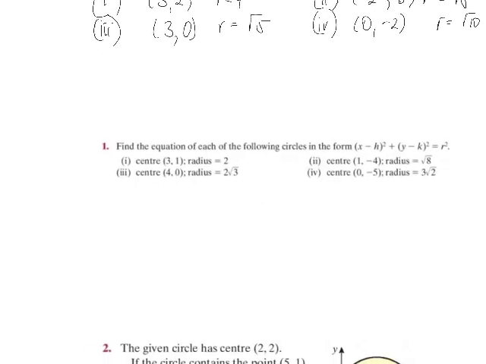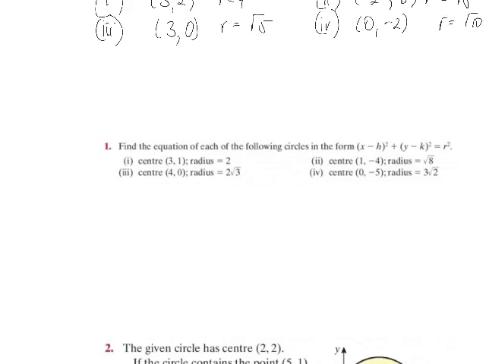Okay, so here we are given the center and the radius. So for i, we would say (x - 3)² + (y - 1)² = 2 squared, which equals 4.